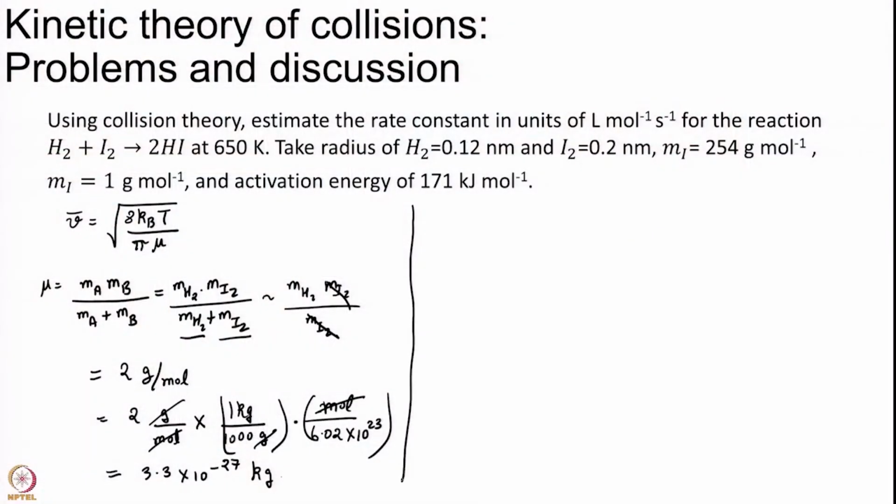And finally, I want to calculate e to the power of minus beta Ea, that is equal to e to the power of minus, so let me just write it, exponential minus 171 kilojoules per mole divided by RT, R is 8.31 joules per mole Kelvin into temperature 650 Kelvin.